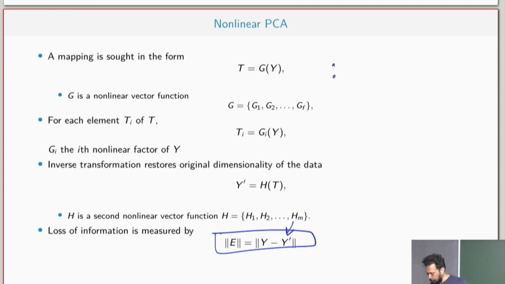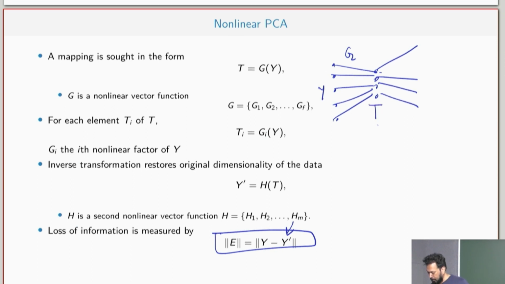So we can draw this as a diagram. This is our G map, and that acts on Y, and it produces a T, and then the inverse transform H takes the T and produces some Y prime.